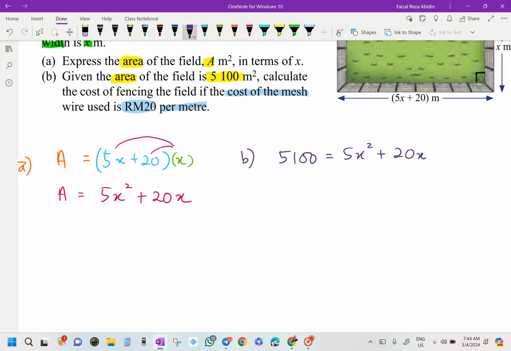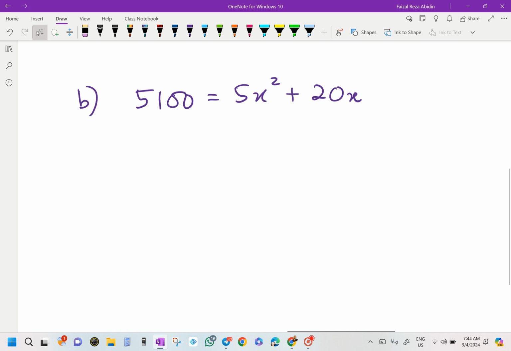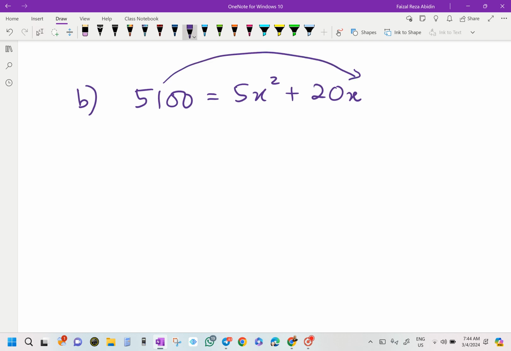You just saw that we are going to have our quadratic equation. So what should you do? Yes, you are going to get 5x squared plus 20x minus 5,100 equals to 0. That's going to be your first step.